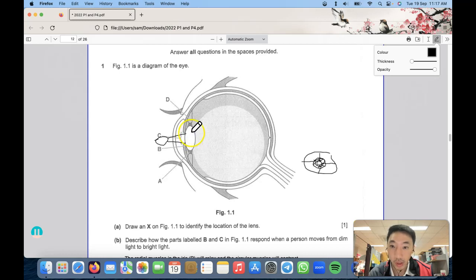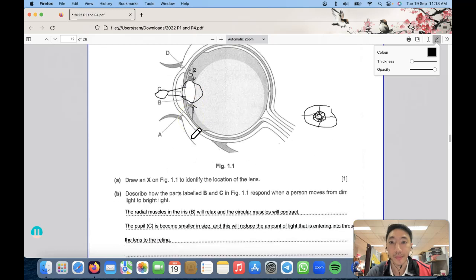So you need our lens to be rounder so that it will refract more light. That means the ciliary body, which contains the ciliary muscle, must contract forward so that our suspensory ligaments will become very slack. So they slacken, and then this whole lens will become rounder.